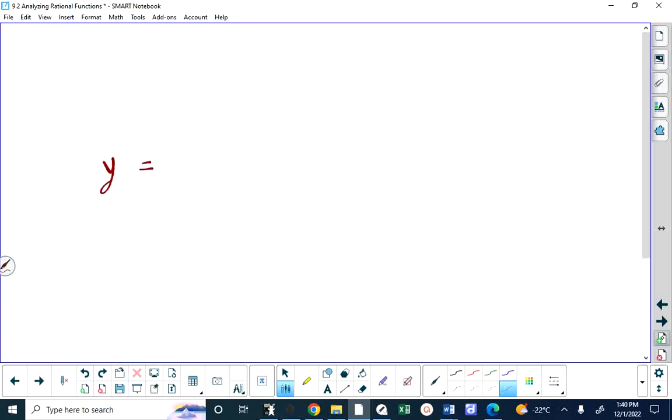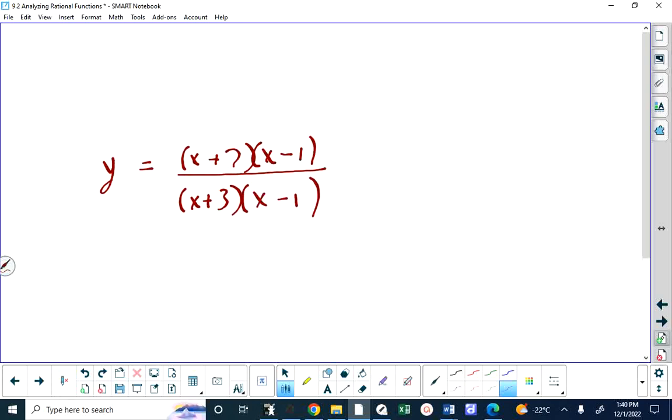If I had this, I hope everybody would agree there's a hole at x equals 1. And the y coordinate would be whatever we get when we put 1 elsewhere.